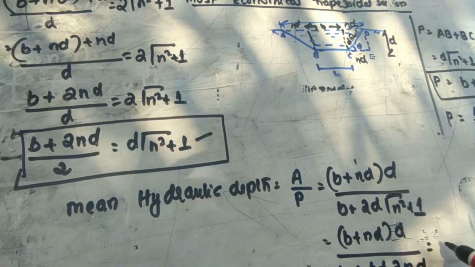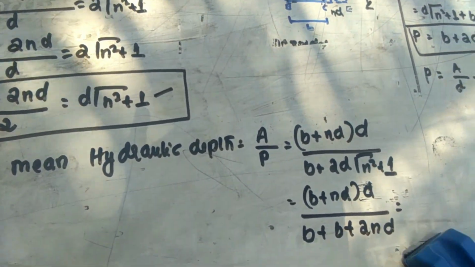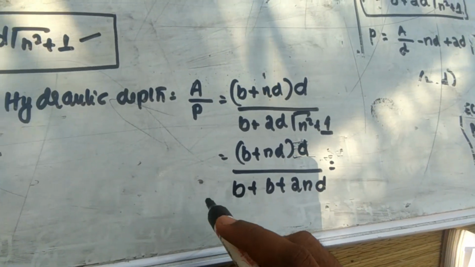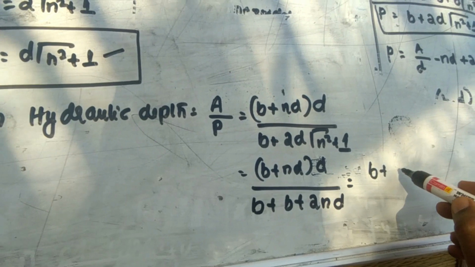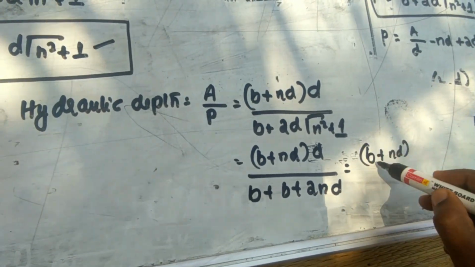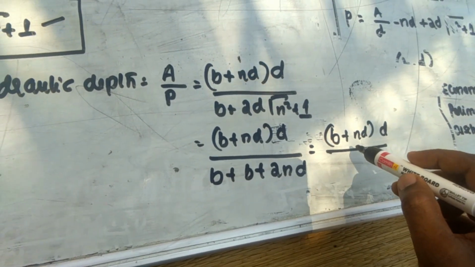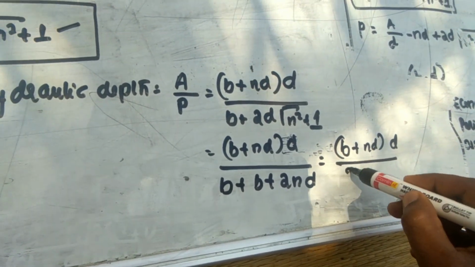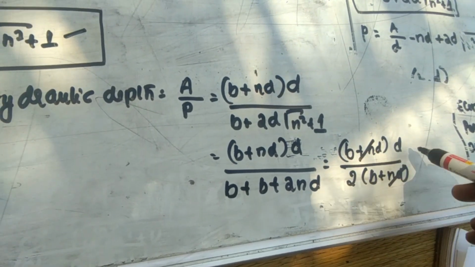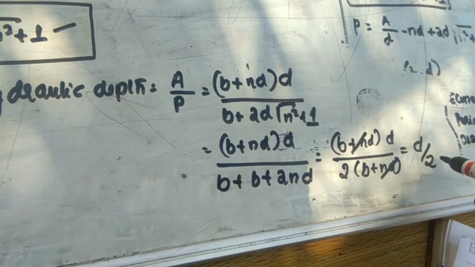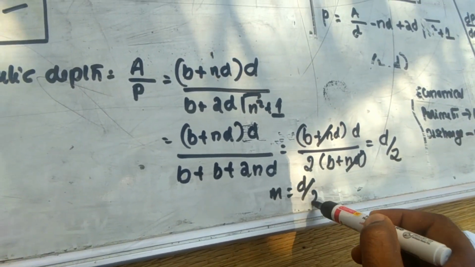So what it becomes is (b plus nd) into d divided by 2 into (b plus nd). So both are cancelling each other, leaving d by 2. So m is equal to d by 2.